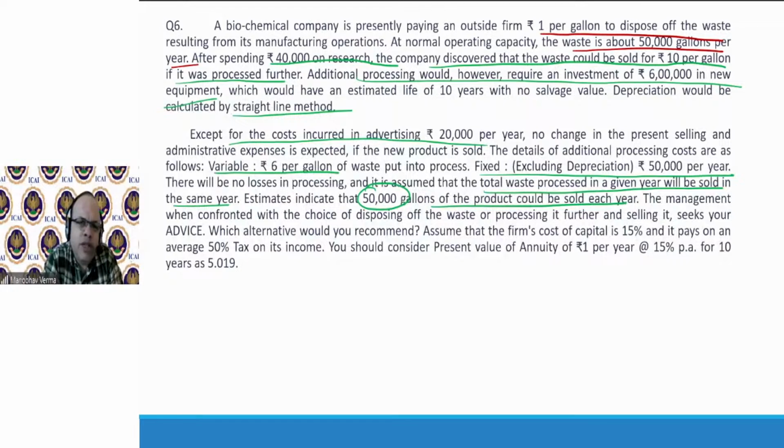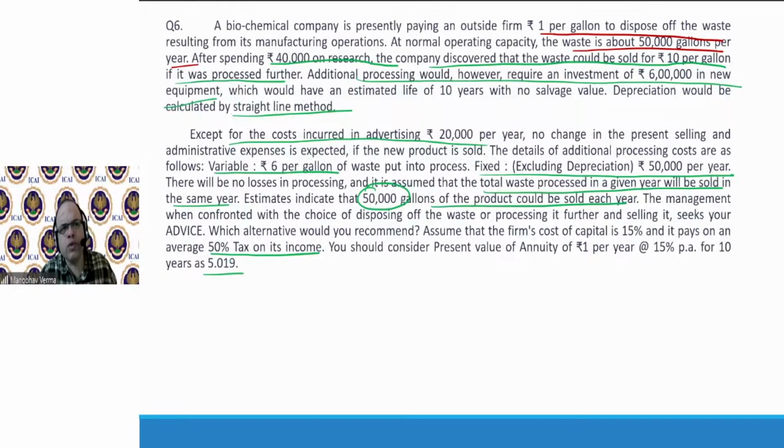And you're confused whether we should continue to pay the outsider for disposing the waste or should we process it further, right? Can we process it further? Processing further would require some investment, but it will result in some revenue and some additional cost. Cost of capital is given as 15%. Tax is very high here, 50% tax given to you. And present value factor is given to you, 5.019.